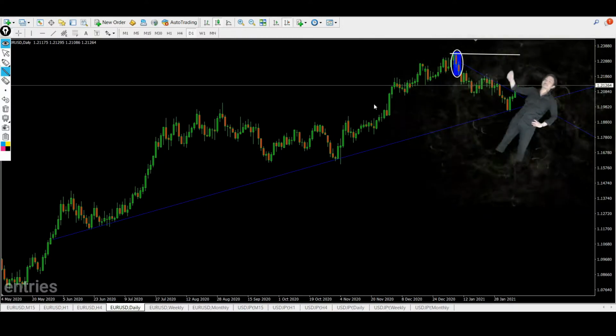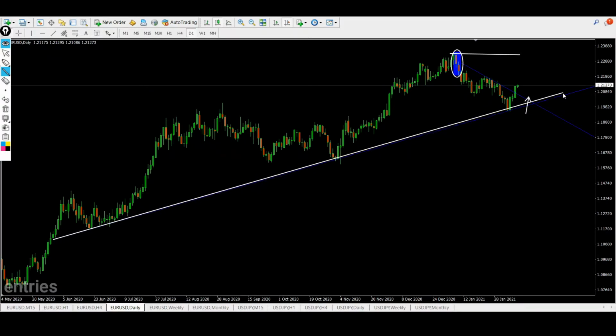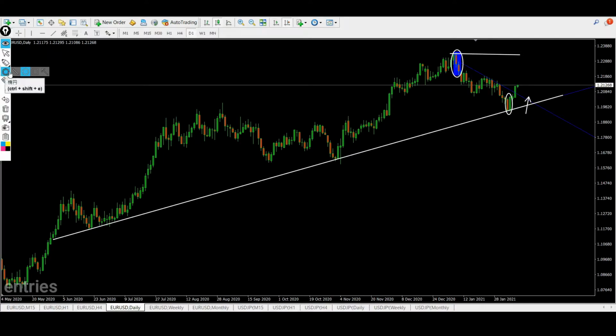Now, some possible areas where price could bounce to go long: we were talking about this trend line from this pivot to this pivot, and price bounced off that pretty cleanly about 4 days ago. However, this is not a long entry for me yet. We still want price to respect this trend line nicely with compact price action.